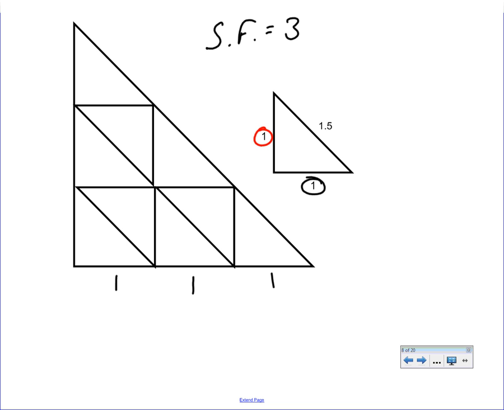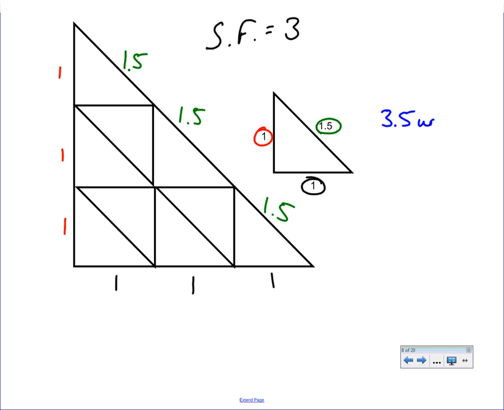This side here is also 1, 1, 1, 1. And in green, the hypotenuse, the angled side, is 1.5, so this is a 1.5, 1.5, and also another 1.5.